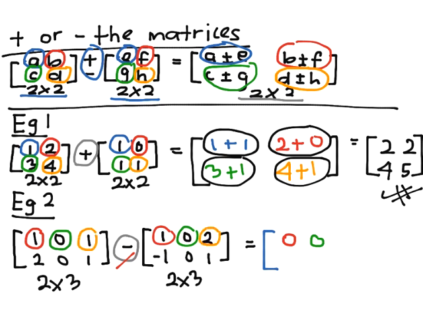So 1 minus 2, we will have negative 1. Then for the next position, we have 2 minus negative 1. So 2 minus negative 1, we will come up with 2 plus 1, which is 3. Next position, we have 0 minus 0. Again, 0 minus 0 is 0.